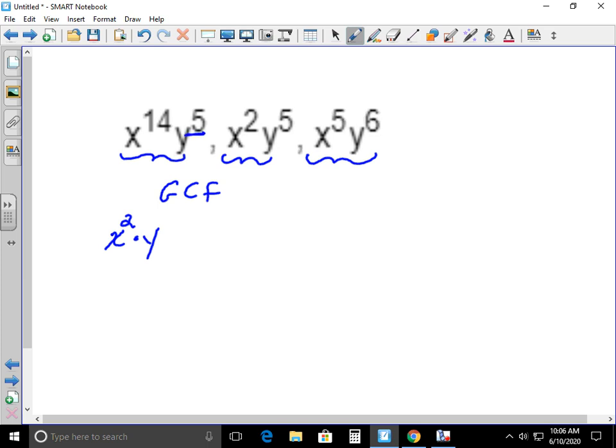Well, that one has 5. That one has 5. What about this one? Does that one have at least 5 y's? Yes, that one has at least 5 y's. So the most that they have in common is at least 5 y's. So that's our greatest common factor.